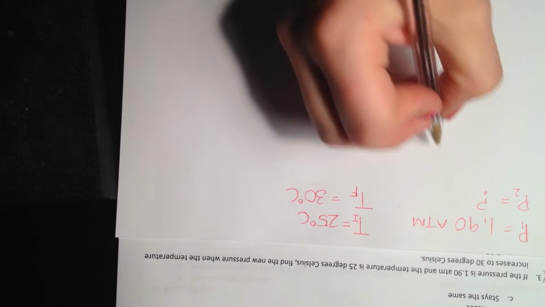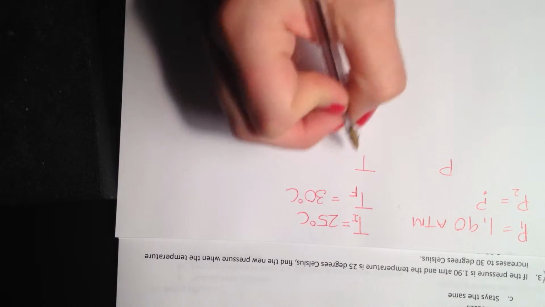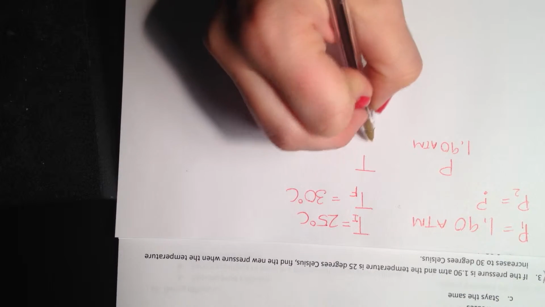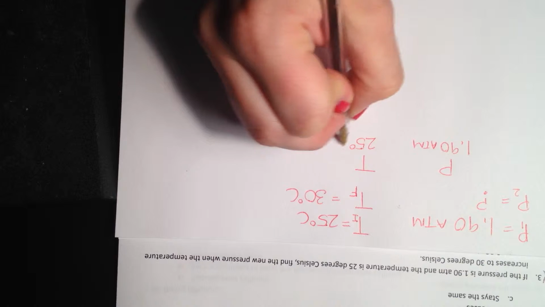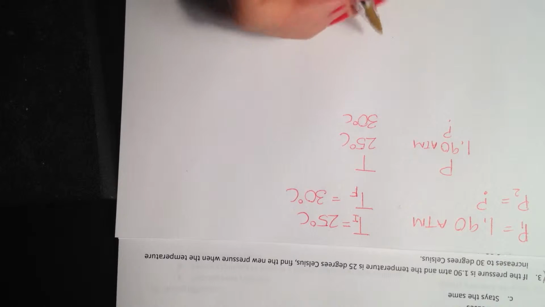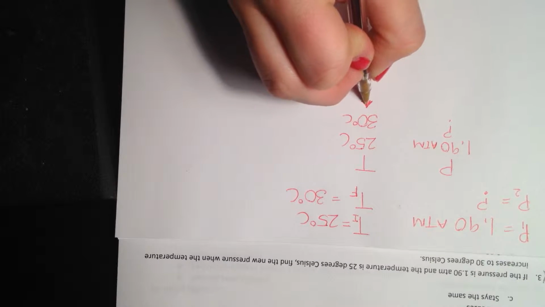If we did our charts, our pressure started off at 1.9 atmospheres. Our initial temperature was 25 degrees Celsius. Final temperature 30. We're trying to find our second pressure based on an increase in temperature.